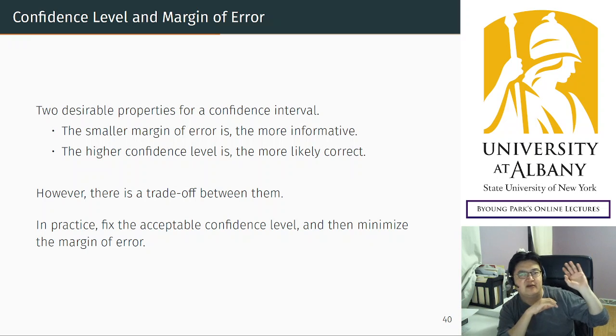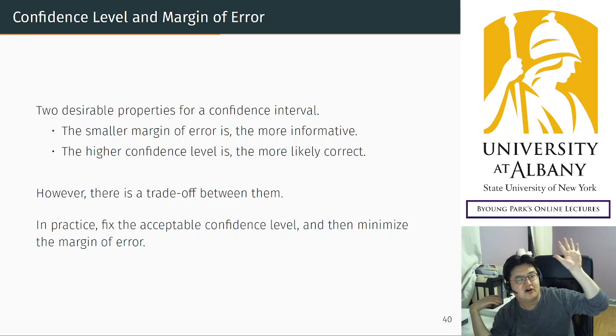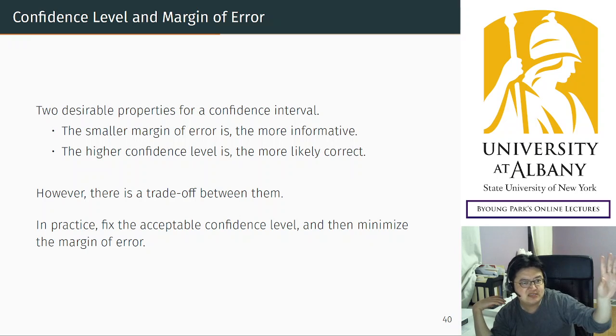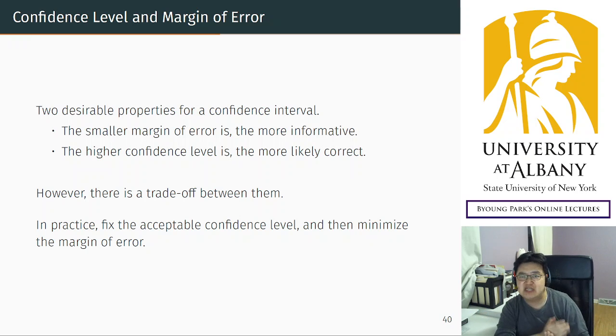Think about it. Unbiasedness and efficiency did not have any trade-off relationship. So you can achieve unbiasedness and efficiency at the same time. The example was the sample average. I said the sample average is the best estimator because it achieves both criteria at the same time.